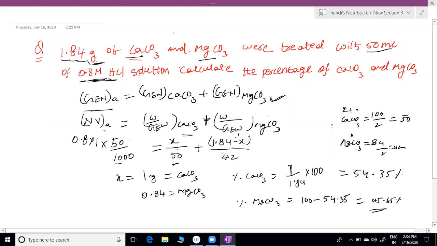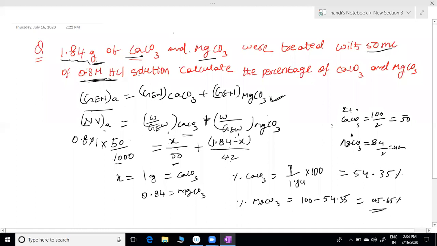If X equals 1, then how much is magnesium carbonate, sir? Magnesium carbonate equals 1.84 minus 1. If you need to calculate the percentage composition of each component, among these two you only have to calculate the percentage composition.